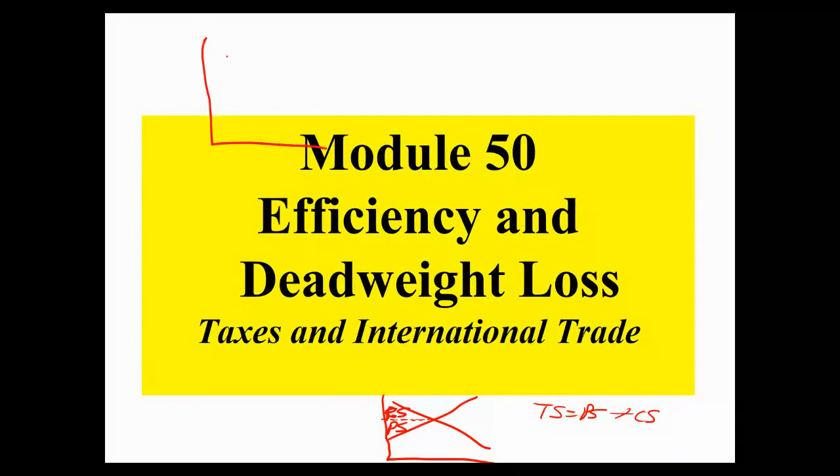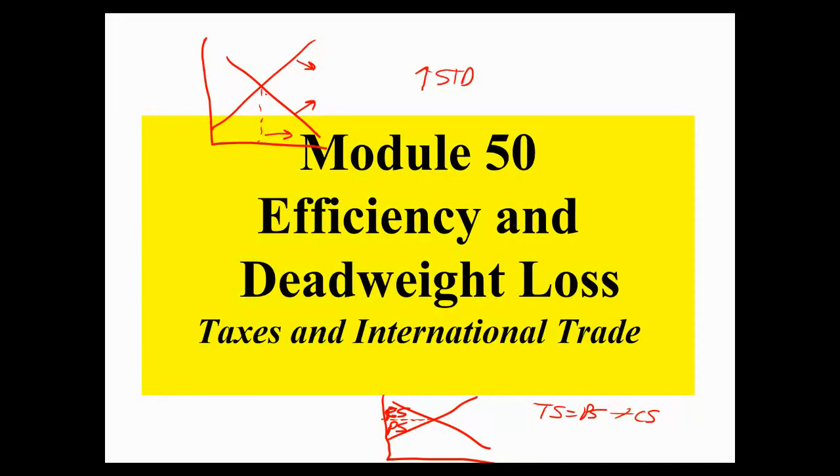We would like to see the idea that if we have consumer and producer surplus, the demand curve either shifts right or the supply curve shifts right. That would cause our equilibrium quantity to go to the right, which would mean an increase in our standard of living. Okay. And that would mean a bigger surplus.